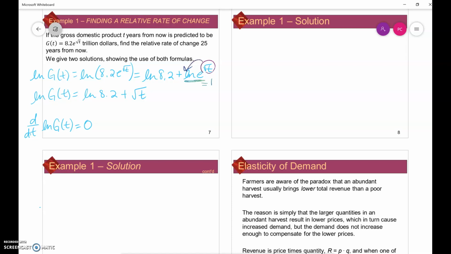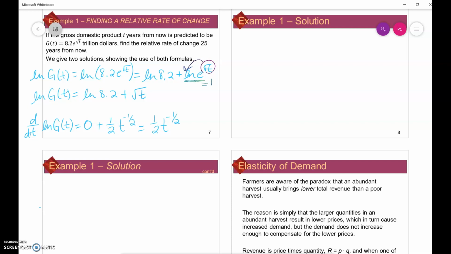And then the square root of t, if you recall, is t to the 1/2. So we take the derivative there, we have 1/2 t to the negative 1/2. Through simplifying, we get that our derivative is 1/2 t to the negative 1/2.